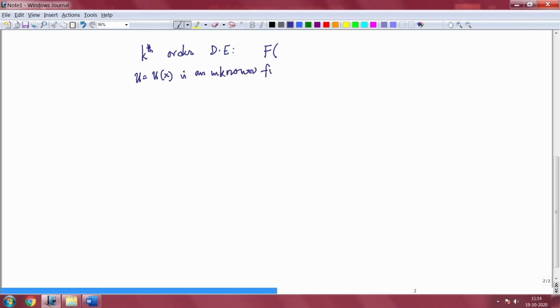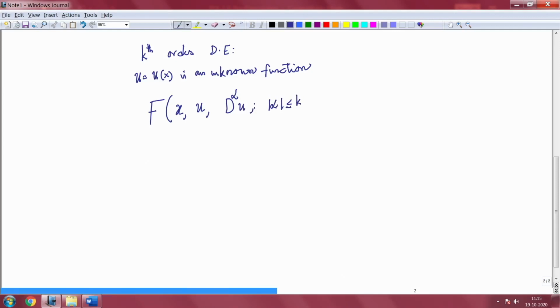The relation is considered as a function of variables, and you have the derivatives of order alpha, where mod alpha is less than or equal to k.